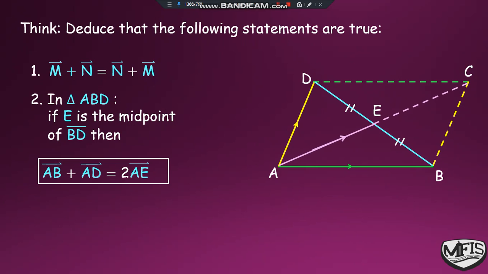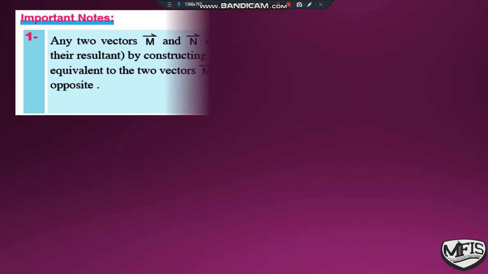So the magnitude of AE equals half the magnitude of AC. So AB plus AD equals double the median of triangle ABD, which is the AE directed line segment. So AB plus AD equals 2AE, and this is called the median rule.